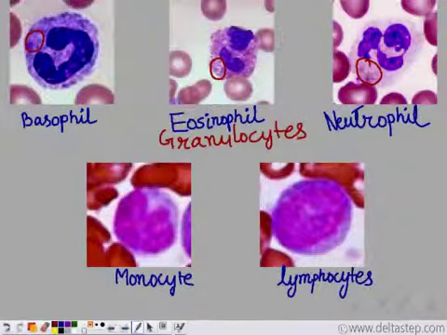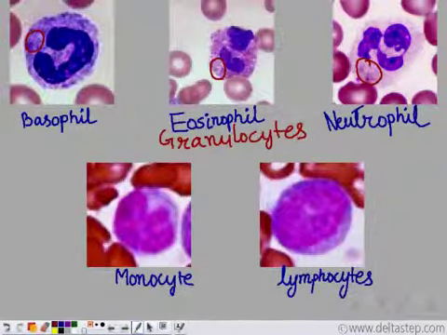And the monocyte and the lymphocytes do not have these granules in their cytoplasm. Since their cytoplasm is not granulated, they are known as agranulocytes, that is, without the granules.